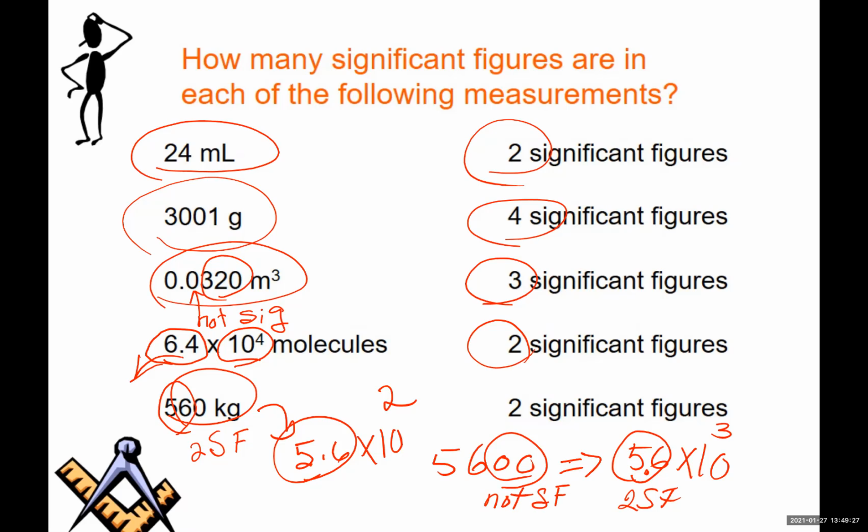Zeros which come after a digit could be and could be not, depending on the tool of measurement. If you see the tool of measurement, you see the accuracy, you can accept it. You can assume they are significant. Suppose you're getting this number from a balance which has accuracy of 1 gram, then you can say all those zeros are significant.